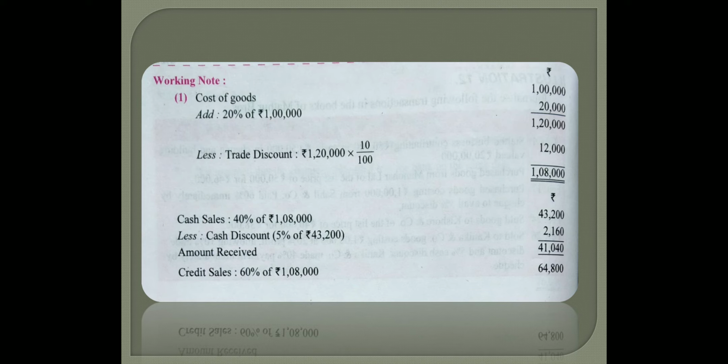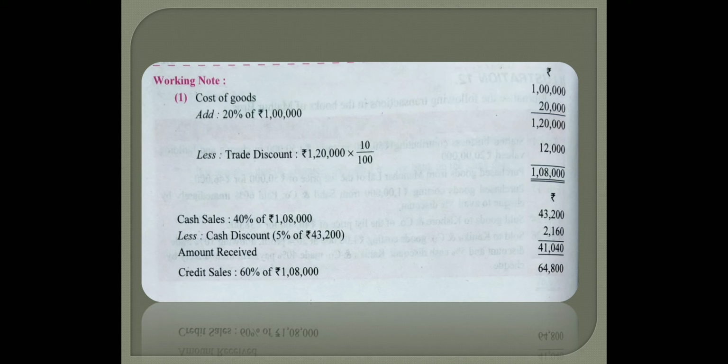This is the calculation. 1 lakh cost of sale, the amount of the goods was 1 lakh, 20% we will find for the profit, and the amount of profit will be 20,000, and it will be added, the amount will come 1,20,000.